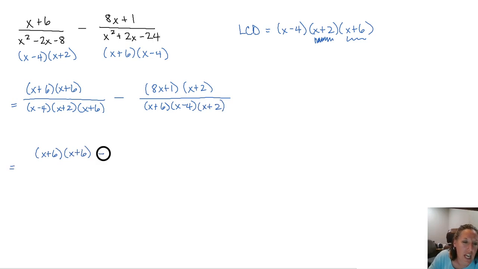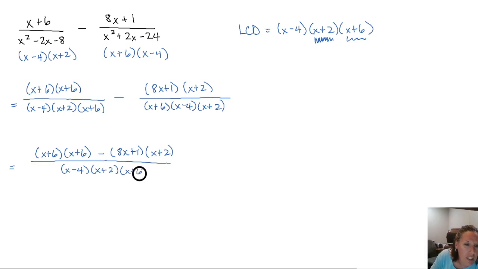If you want to write that as x plus 6 quantity squared, you can. And then 8x plus 1, x plus 2. And then our denominator is that LCD, x minus 4, x plus 2, x plus 6. All right, let's go ahead and expand that numerator so we can combine like terms.